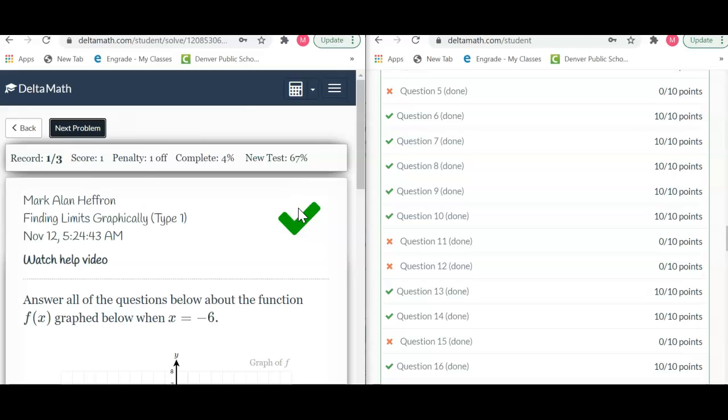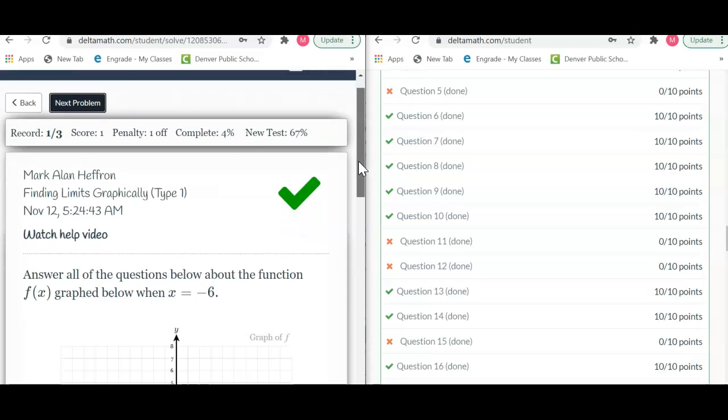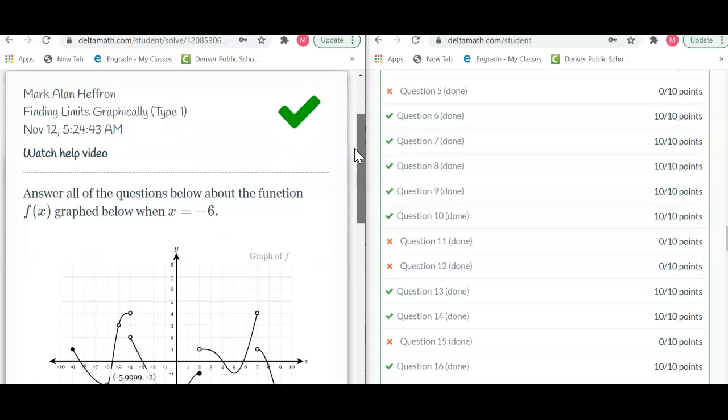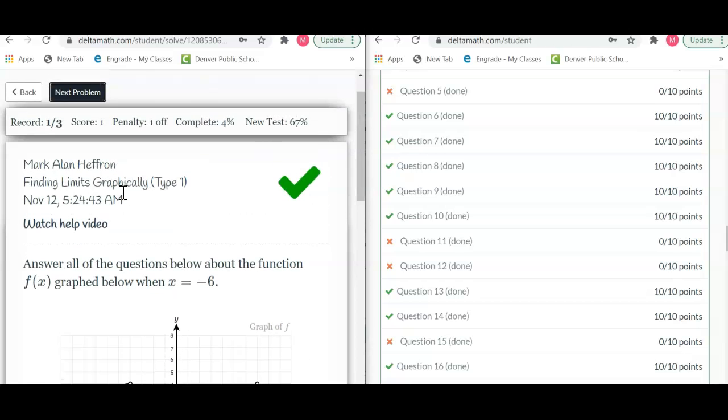Every time you get one of these right, your score builds. When you're all done, that's the score that will go in the gradebook for your test correction, which will be worth more than your original test. A great way to get studying for the finals and to improve your grade in the biggest category, the summative category.